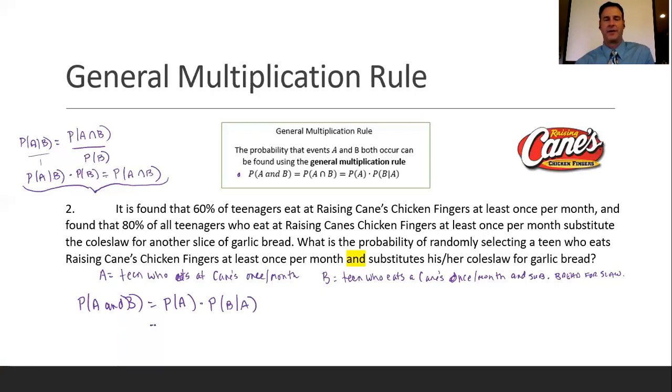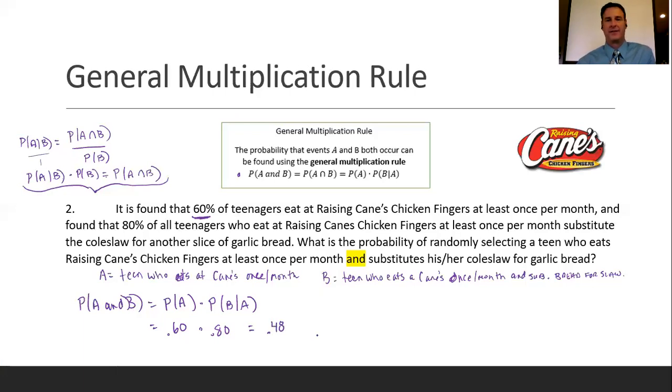All right, so A is a teen who eats at Cane's once per month, and that's 60%. That's already given right here. Okay. P of B given A. Now, we have to assume that this teen already eats at Cane's once per month, and that if that's the case, that they substitute their slaw for the bread, 0.80, and you just got to multiply them together, 0.48, okay?